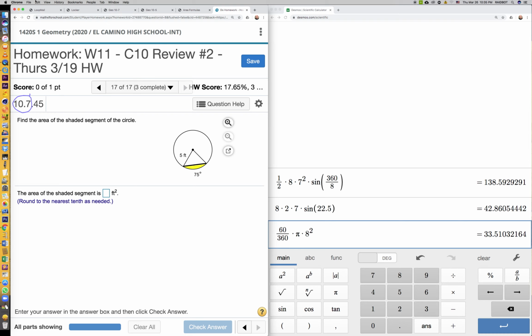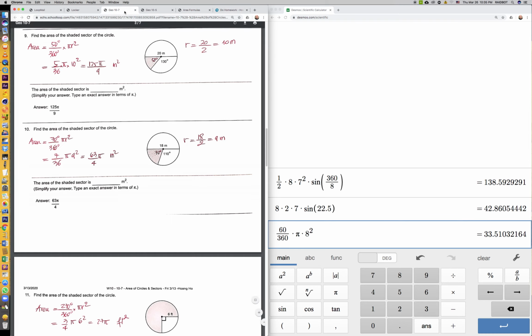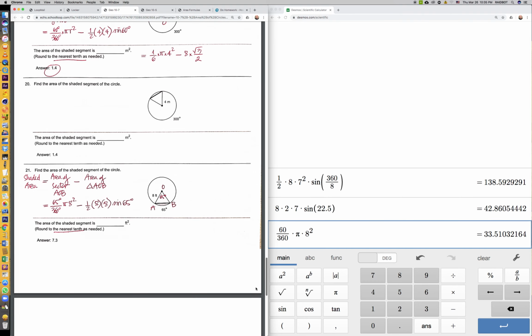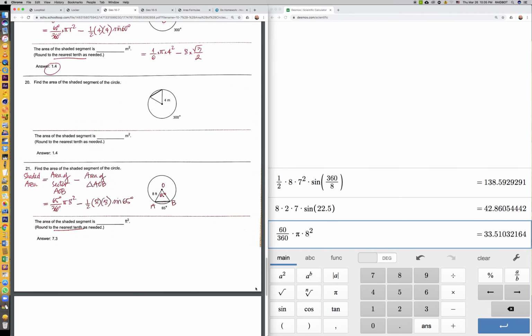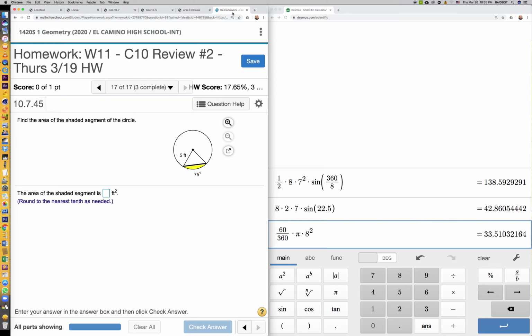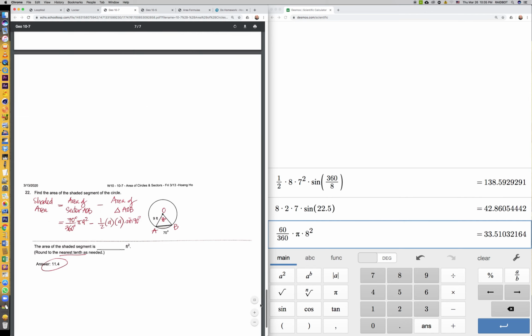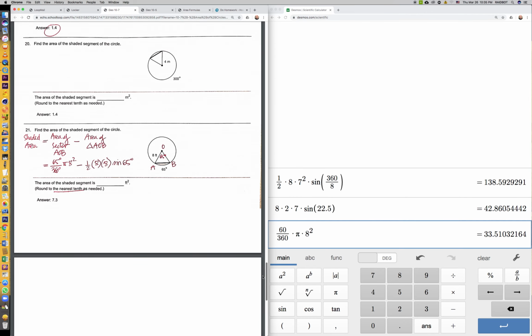So let's go and find under 10-7. Let's double check up here. I think it looked very similar to problem 21 and 22 over here.